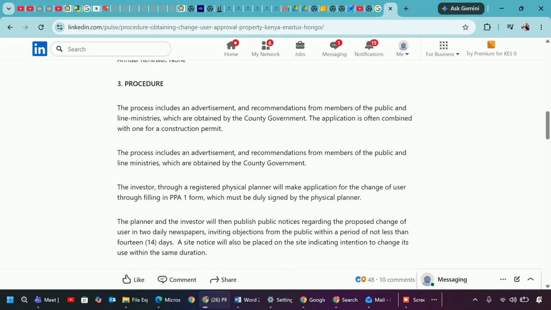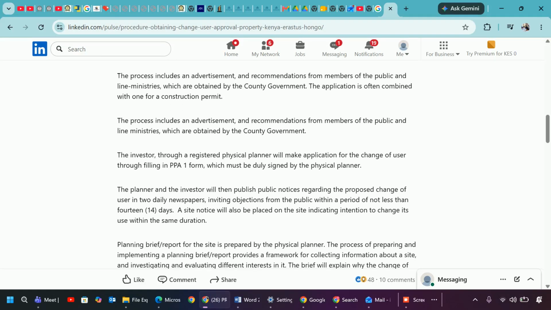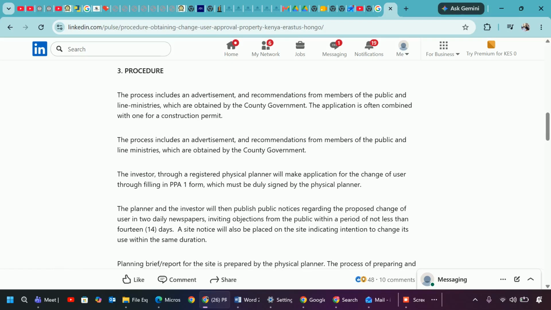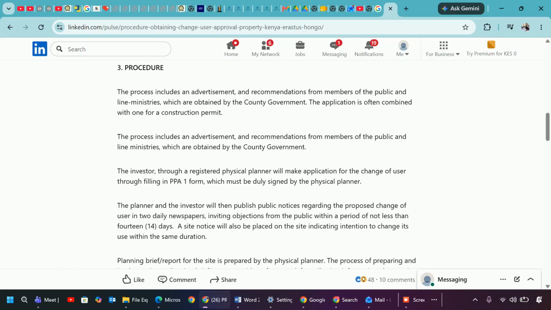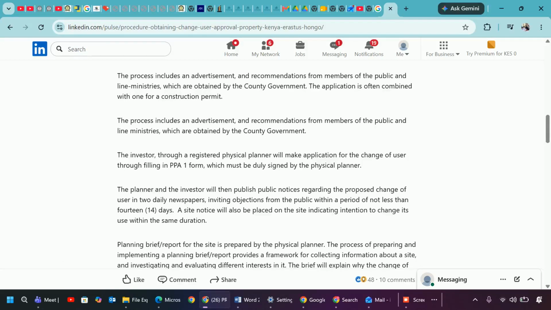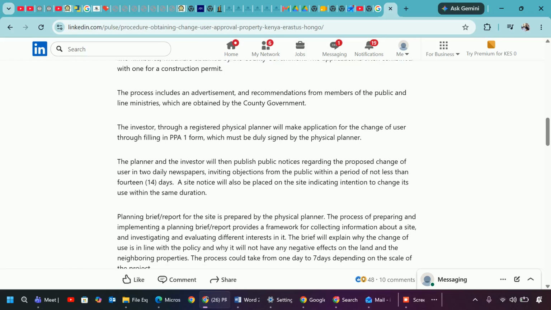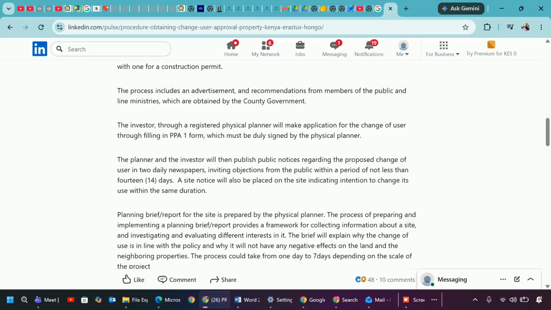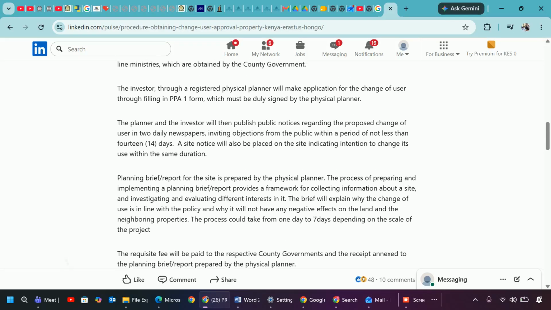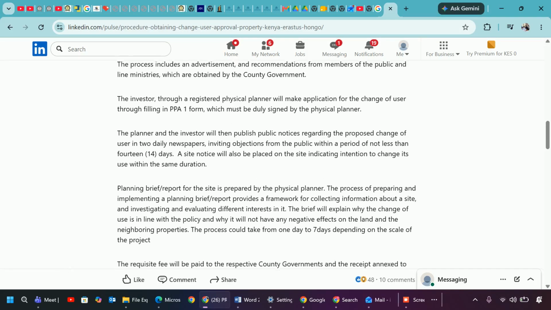The process includes an advertisement, we know, and recommendations from members of the public and ministries which are obtained by the county government. The application is often combined with one for a construction permit. The process involves an advertisement and recommendations. The investor, through a registered physical planner, will make an application for change of user through filing in PPA Form 1, which must be duly signed by the physical planner.